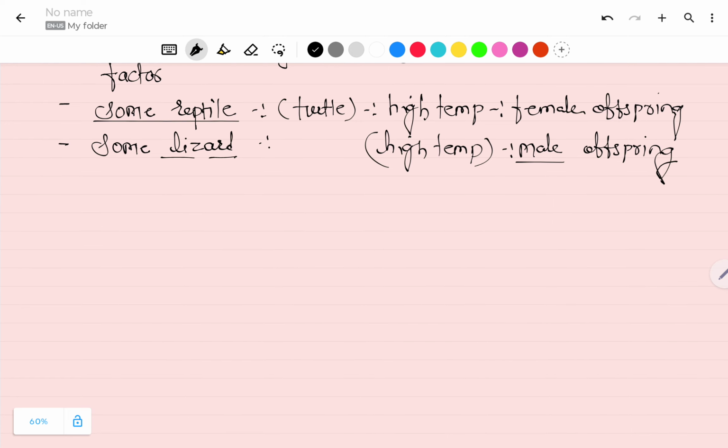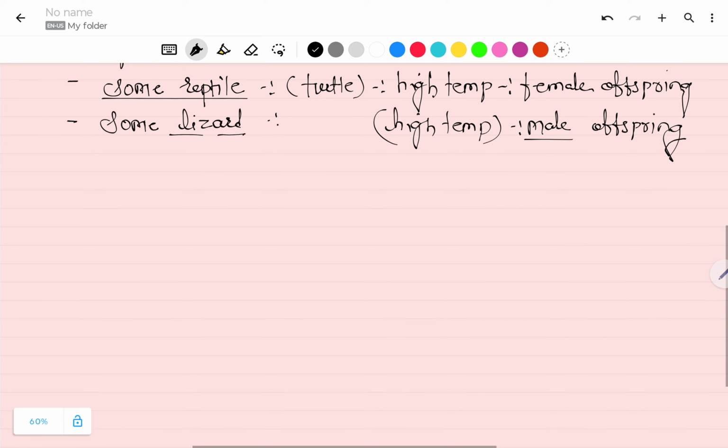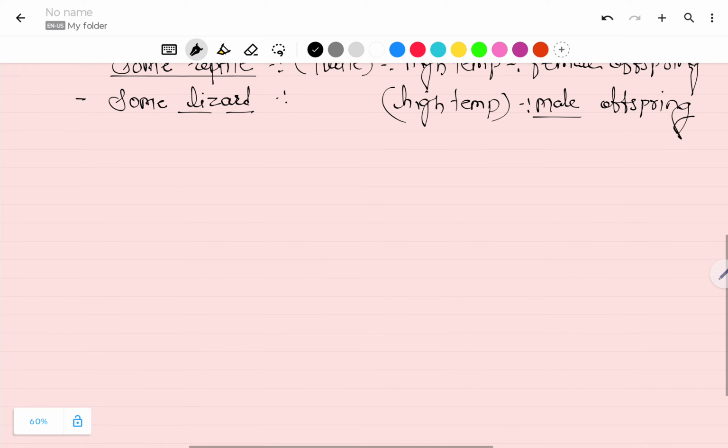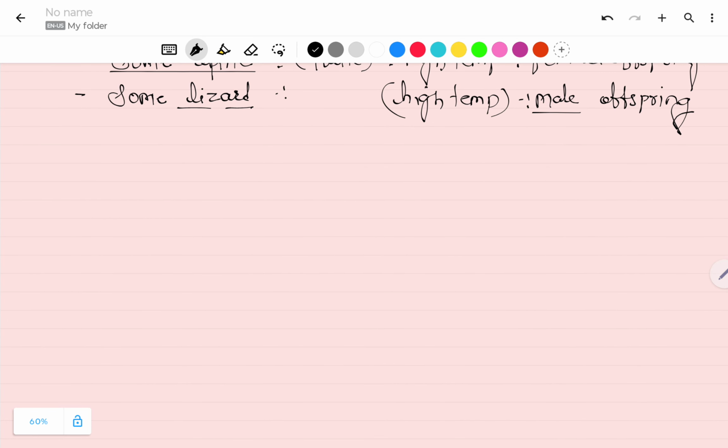In other animals, such as the snail, they change their sex, but in human beings this does not happen. In humans, sex is genetically determined, by the male.